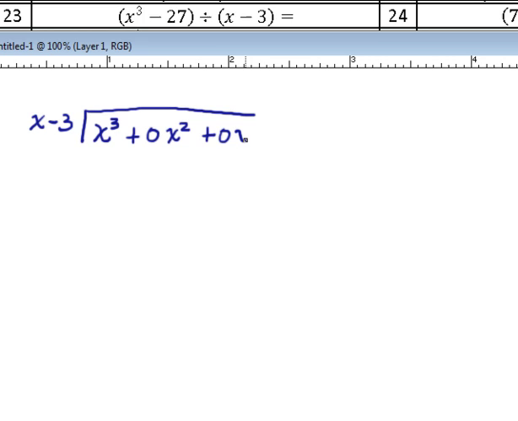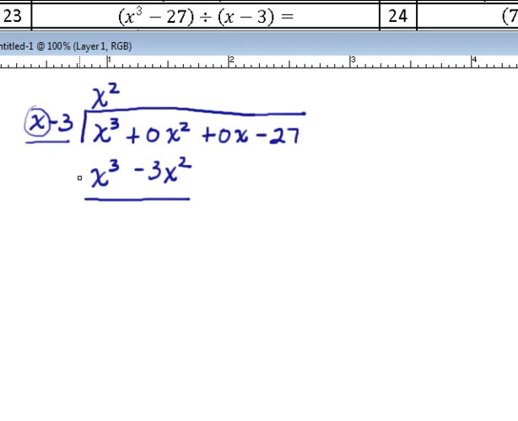And for the x term, we have 0 times x. And now we can start our division. So we start with x. X divided into x cubed is x squared. Now multiply x squared times the entire x minus 3. So we have x cubed minus 3x squared. That goes here.